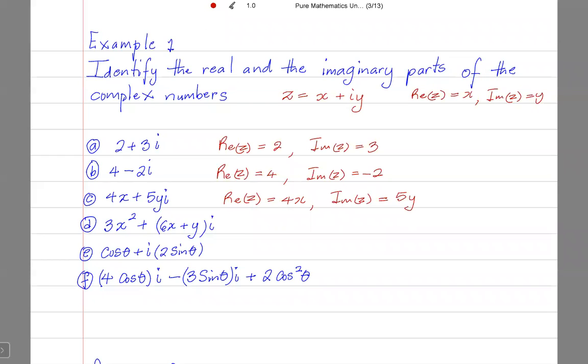For D, the real part of the complex number is 3x squared, and the imaginary part is 6x plus y.